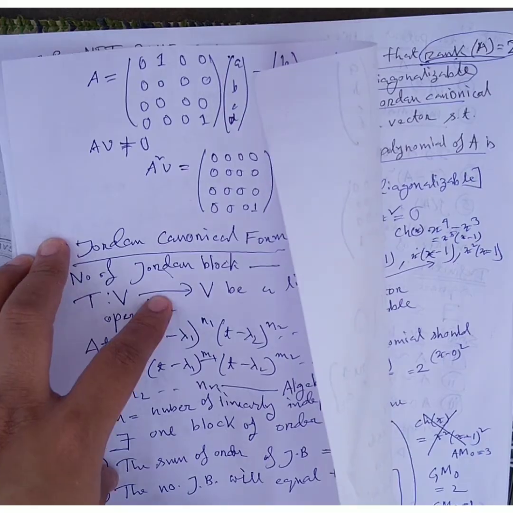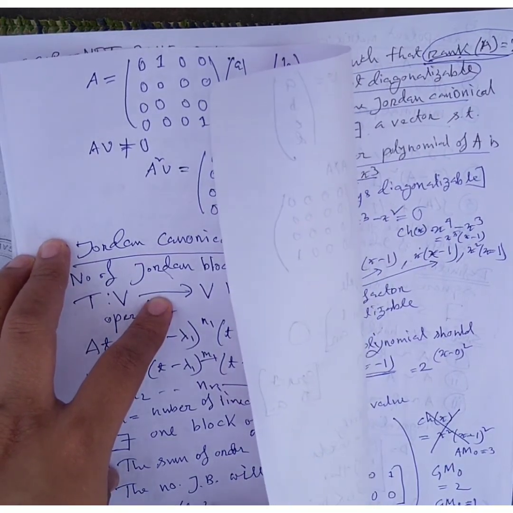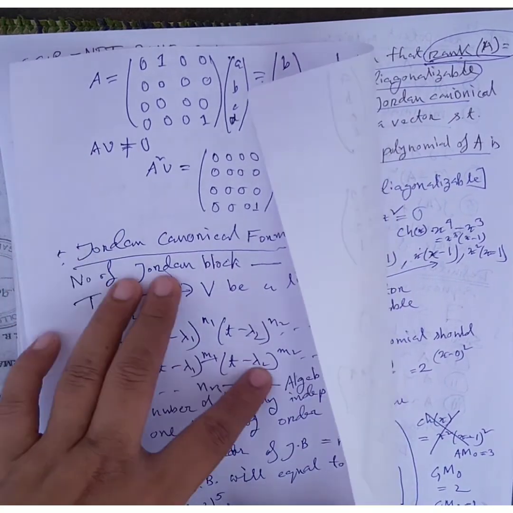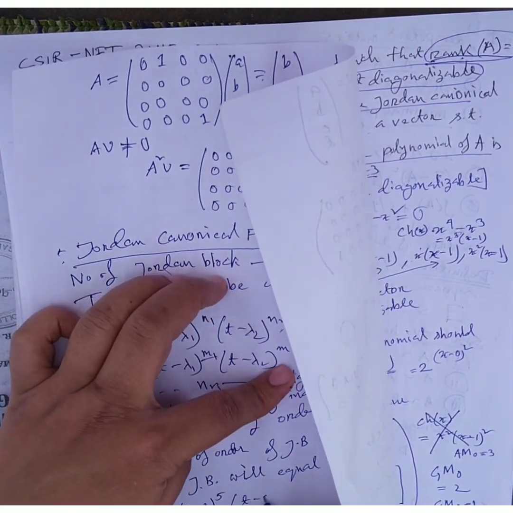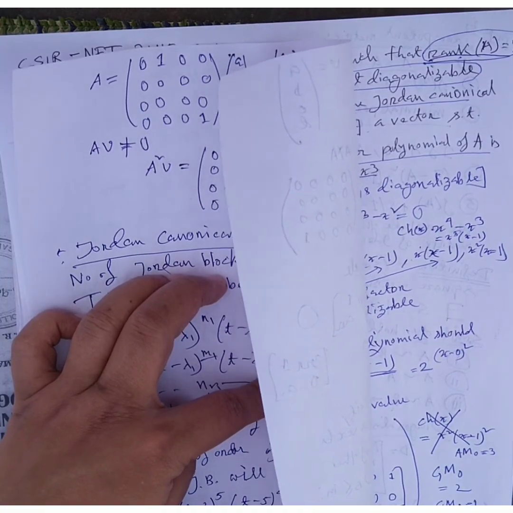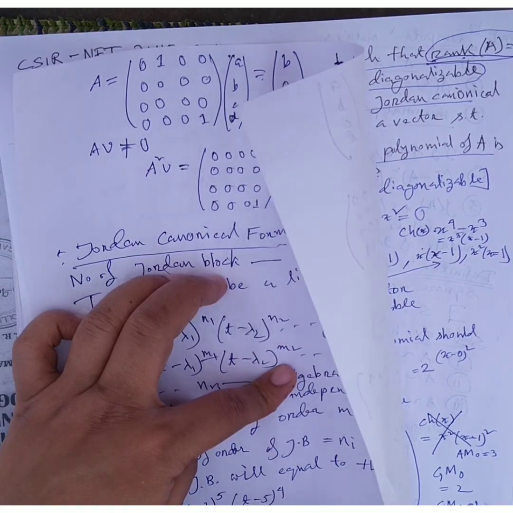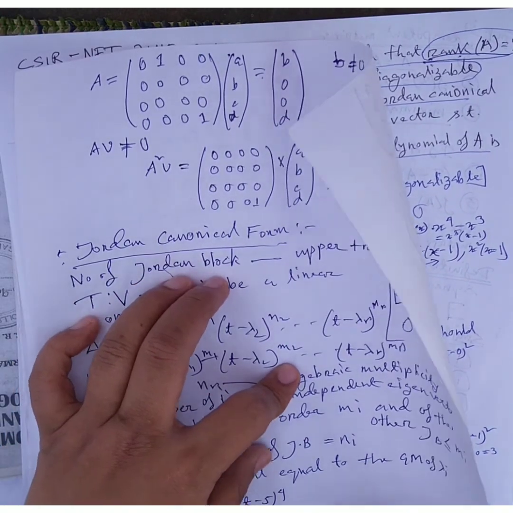And suppose del t, I will give another example. Del t is equal to (t minus 2) whole to the power 5 and (t minus 5) whole to the power 4, the characteristic equation. And the minimal polynomial is equal to (t minus 2) whole cube and (t minus 5) whole cube.